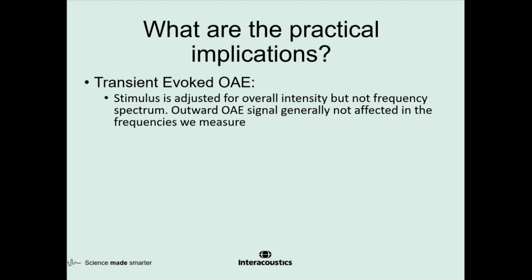So it's just simply a level adjustment. And so the stimulus is not adjusted, but the outward emission response is not affected in the same way by these ear canal resonances, because the wave is only traveling one way towards the microphone. And so in general, in TEs, there's not a large impact in the clinic for these kinds of problems.